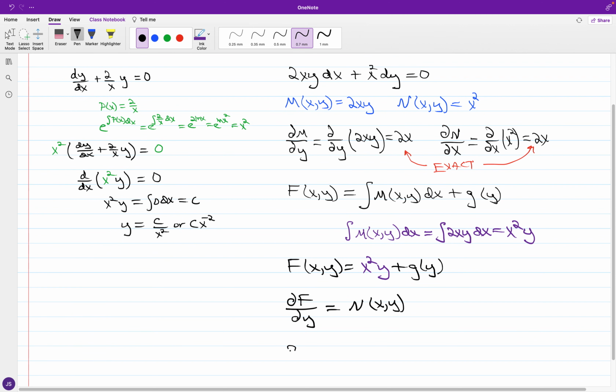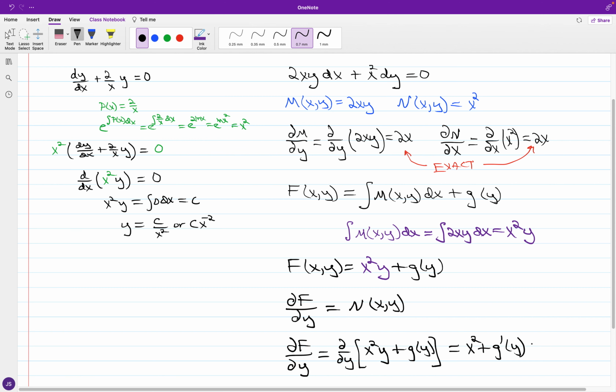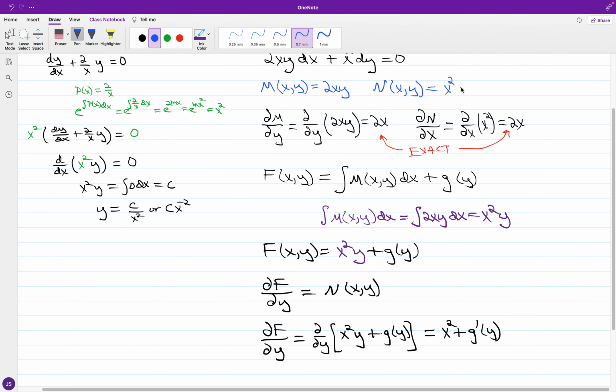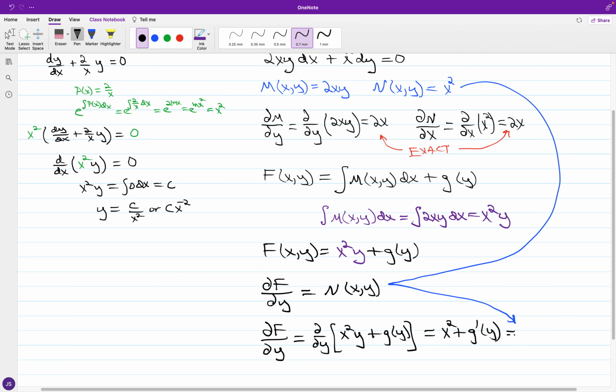So taking the partial derivative with respect to y of x squared y plus g of y, this will come out to x squared plus g prime of y, which is equal to n of x and y, which is x squared.